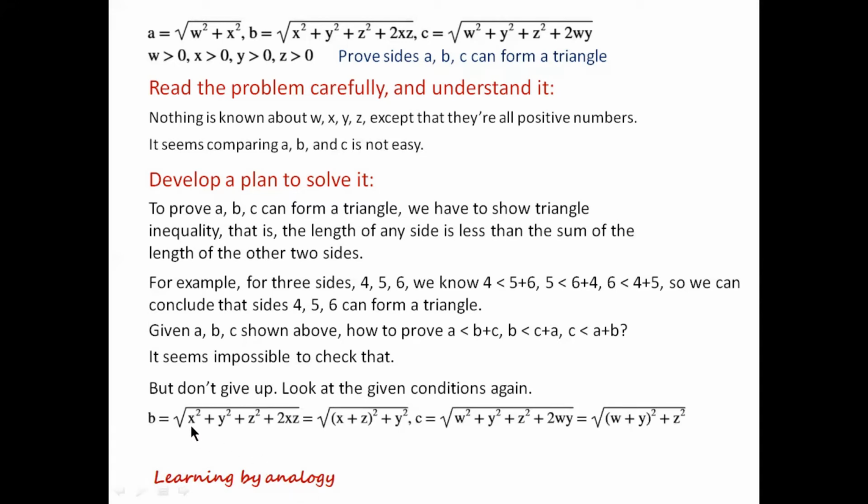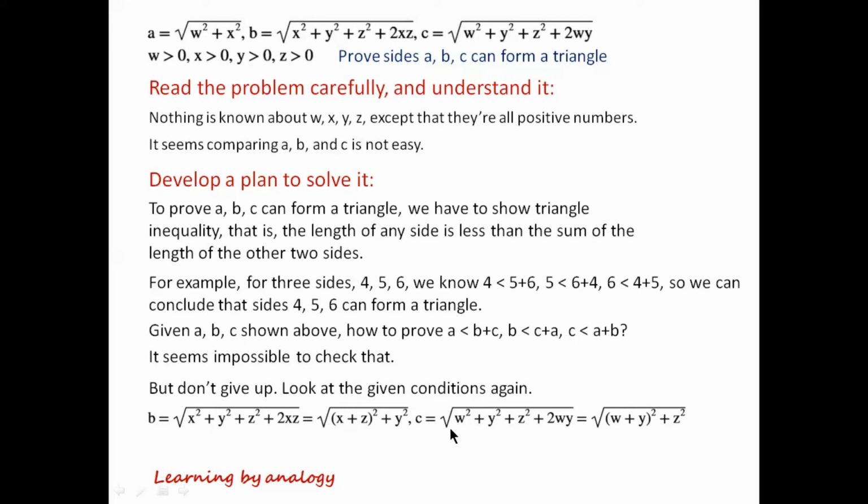B equals root of x squared plus y squared plus z squared plus 2xz. x squared plus z squared plus 2xz can be combined and written as x plus z all squared.